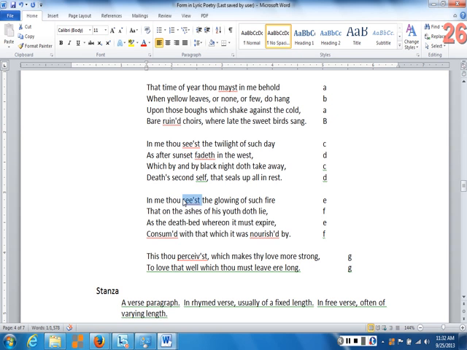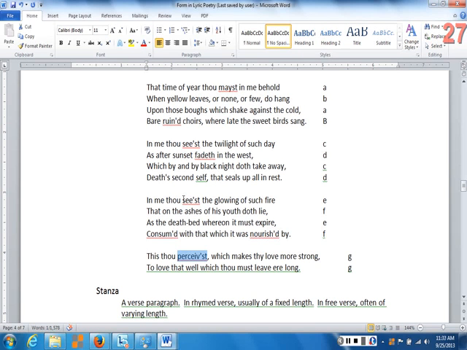Okay, we would say, in me you see the twilight, okay, and thou, in me thou seest, but no reason to be confused about that. This thou perceivest, okay, perception being another form of seeing. So 4 times the speaker is telling the person he's talking to about seeing.